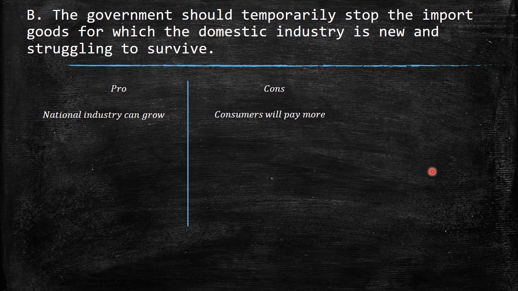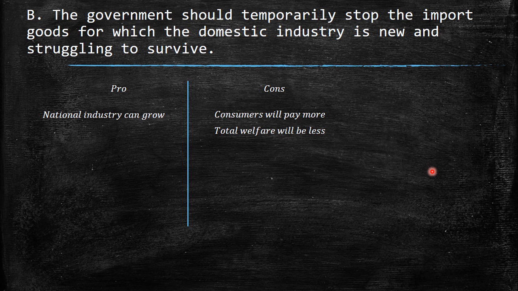But on the other side, given the lower competitiveness of these new national industries, consumers definitely have to pay more instead of buying from abroad.